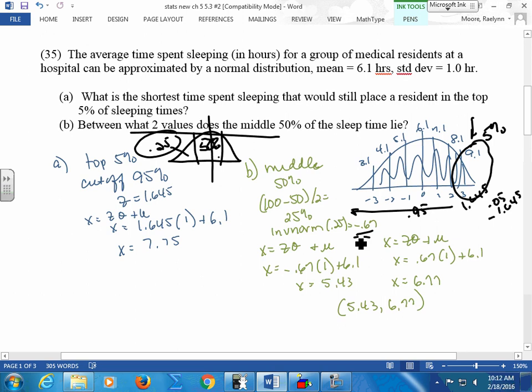I've got to do it for both of those. Find it for 25, and because this is not your plus or minus, it's plus or minus standard deviation, but not plus or minus an x-score. So do it with the negative, do it with the positive. And your calculator can do that also. Find each one for you. Okay with that one? That one's a little trickier. 50% in the middle. Okay.